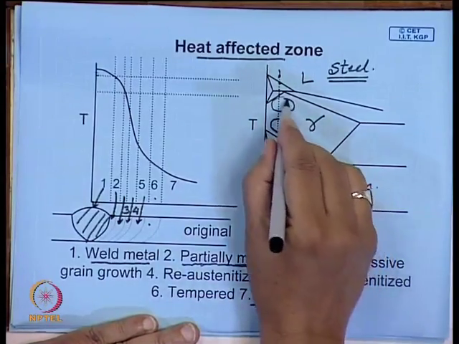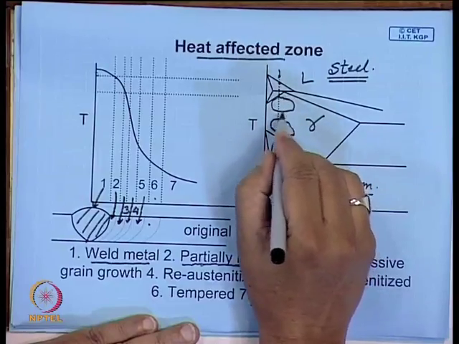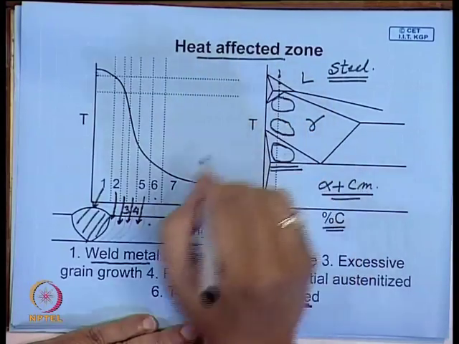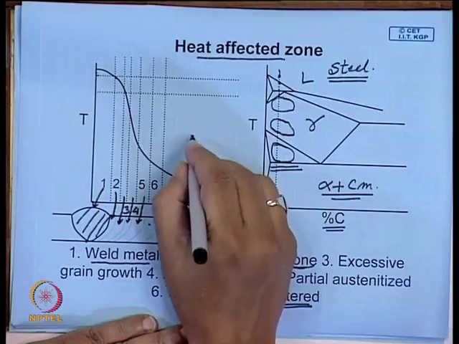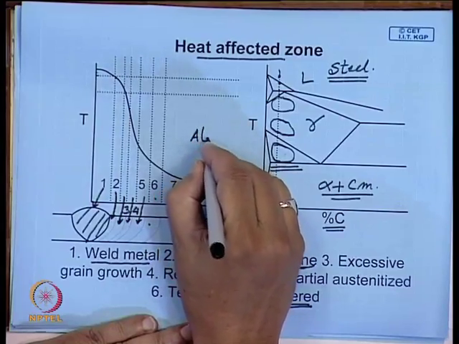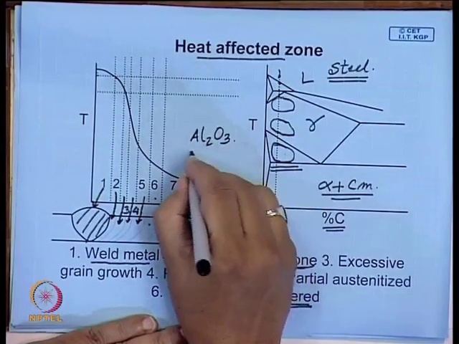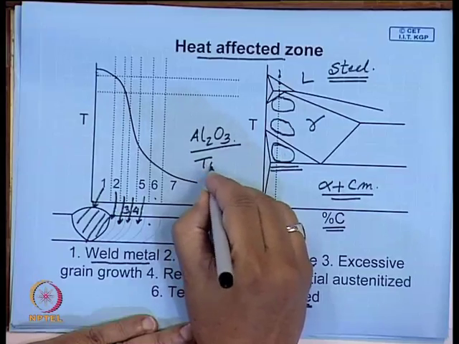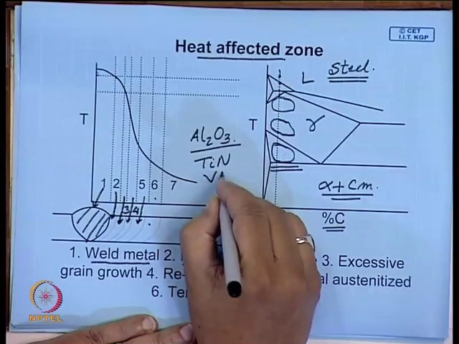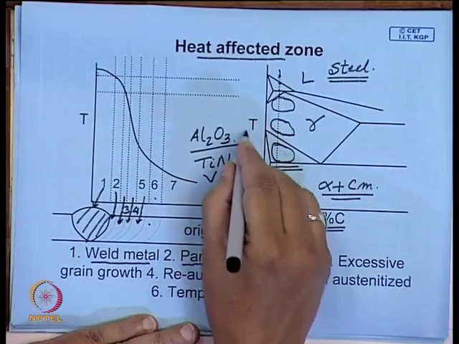Then this is a region where in many steels you have particles like alumina, inclusions, titanium nitride, vanadium nitride, carbides, aluminum nitride.